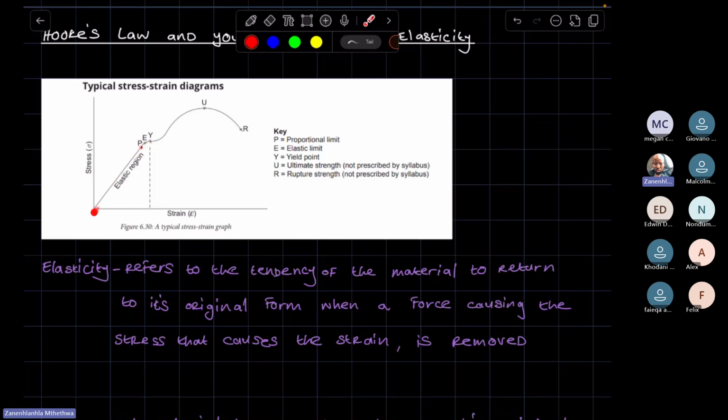Seeing that the graph is a straight line, it means that the stress is directly proportional to the strain, meaning that as the stress increases, the strain increases as well. So the part of the graph where the material is still elastic is the part where the direct stress is directly proportional to the strain that is being caused. That is essentially what Hooke's law is.